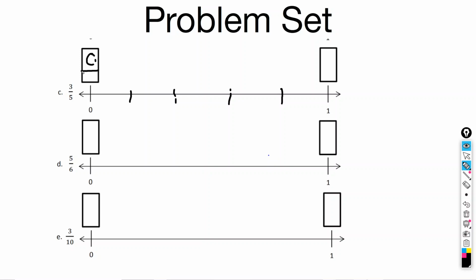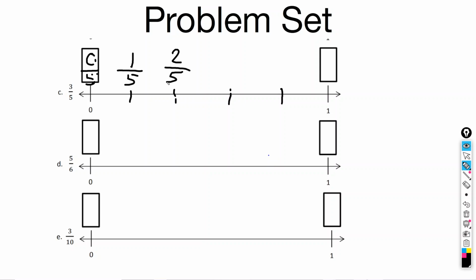At 0, I have 0 out of 5 pieces. At the first line, I have 1 out of 5 pieces. Here I have 2 out of 5 pieces, or 0/5, 1/5, 2/5.